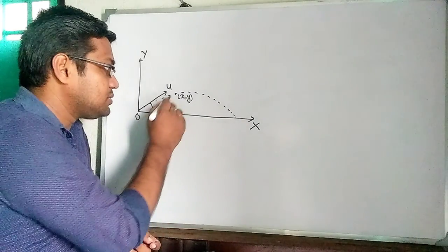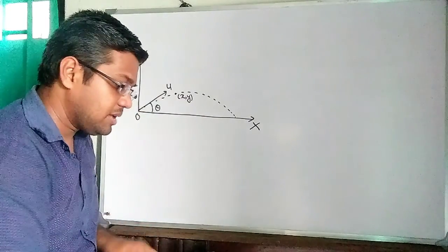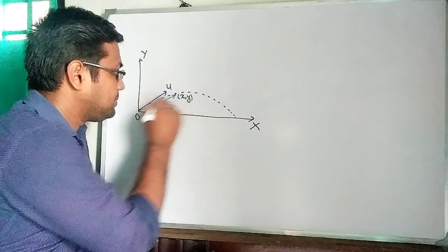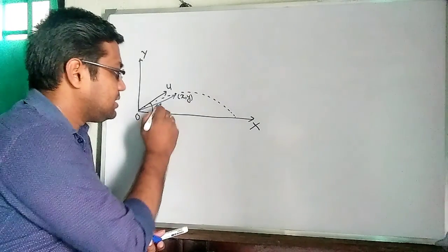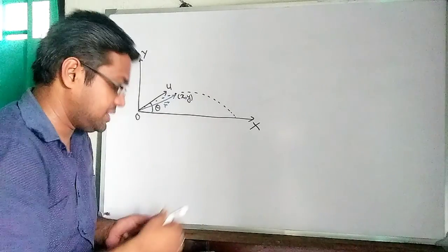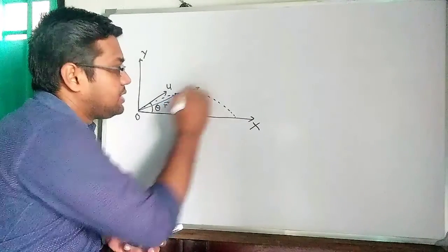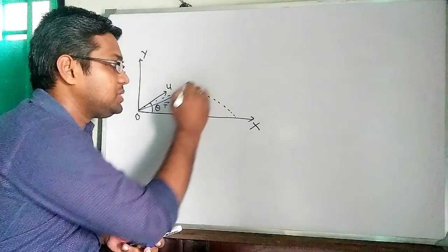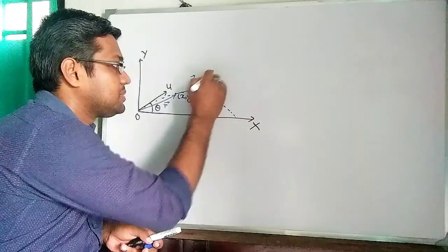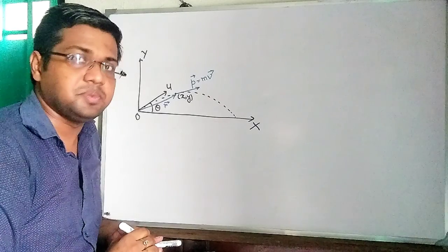If I draw the position vector of this point with respect to the origin, that is the r vector, and at that instant draw the tangent at this point, then this tangent will give us the velocity, and the direction of the velocity is basically the direction of the momentum.